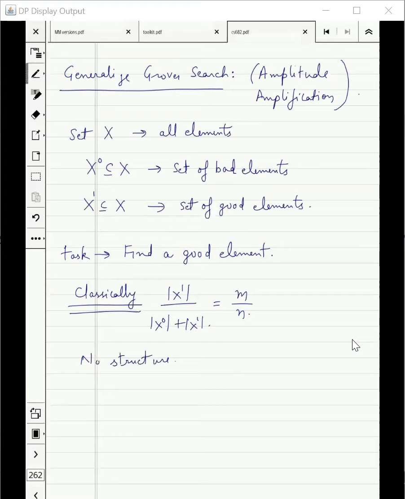There is no structure. The best thing you can do is repeat this step, pick a random element, one after another, till you get a good element. If you want to succeed with constant probability, how many times should I repeat this?